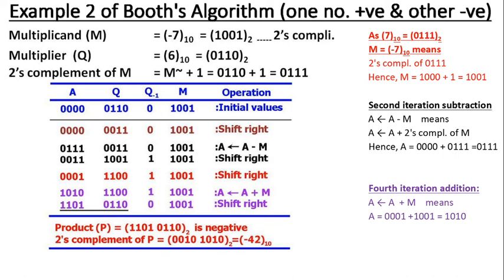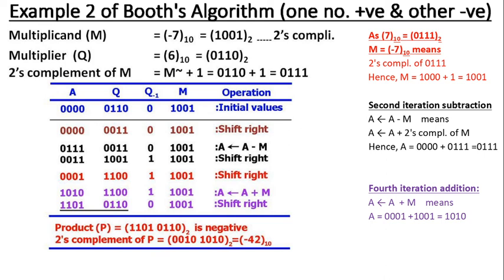Then what is its actual value? This product is negative. In order to get its actual value, we need to take its 2's complement. So get the 2's complement here. That will become 0010 1010, and that is nothing but minus 42 decimal.